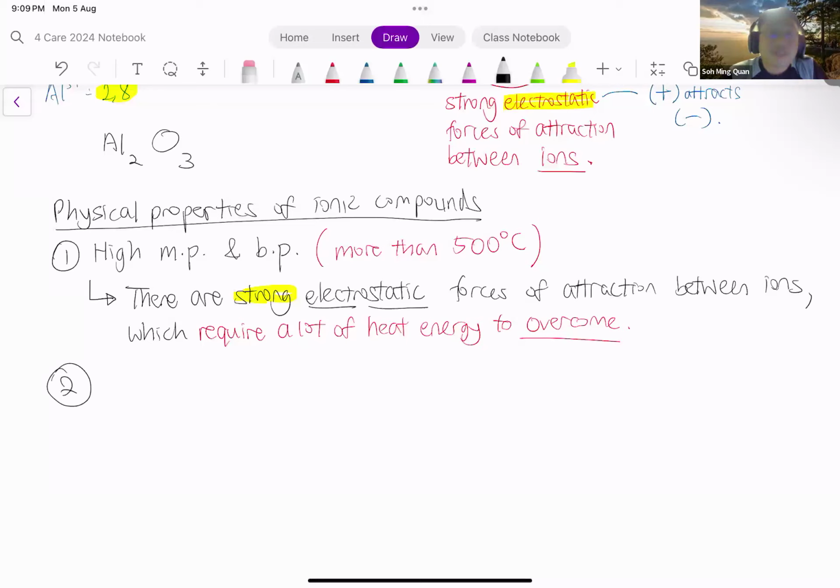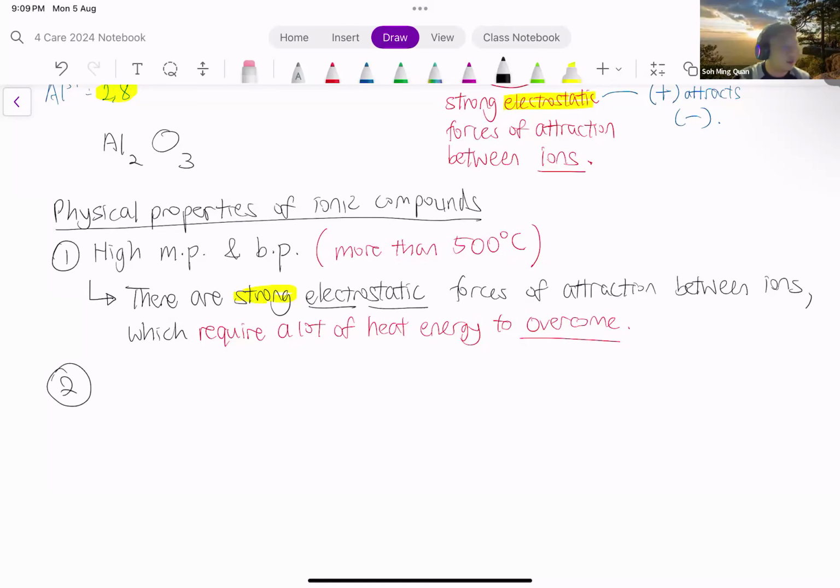Okay, now the second physical property also has to do something with the forces of attraction and the particles. It's about conducting electricity. So we are always interested to know, what can these materials be used for? So like aluminum oxide is a material that we can use, but what can we use it for? Is it a good conductor of electricity?